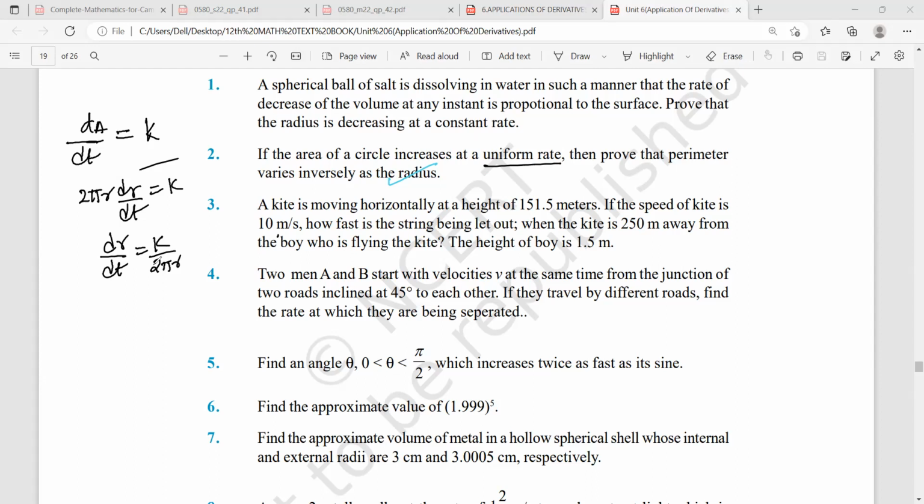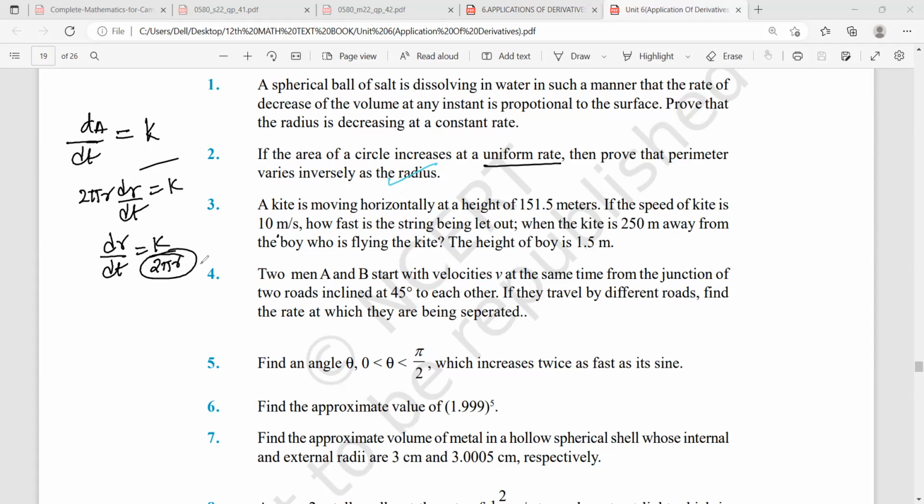Yes, sir. Prove that the perimeter varies inversely as the radius. This is the perimeter, right?